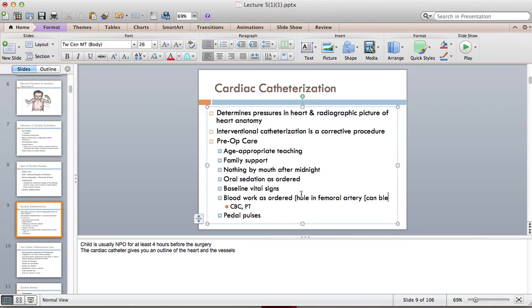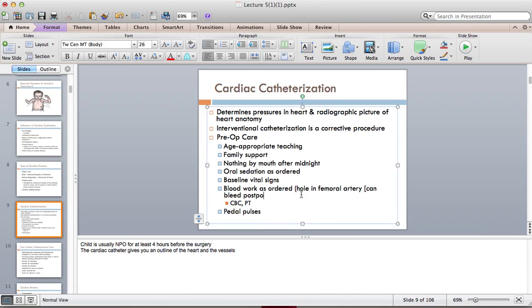So you need to know where the patient is in terms of clotting factors. If that patient is on aspirin or taking anything like a blood thinner, that has to stop before the procedure.